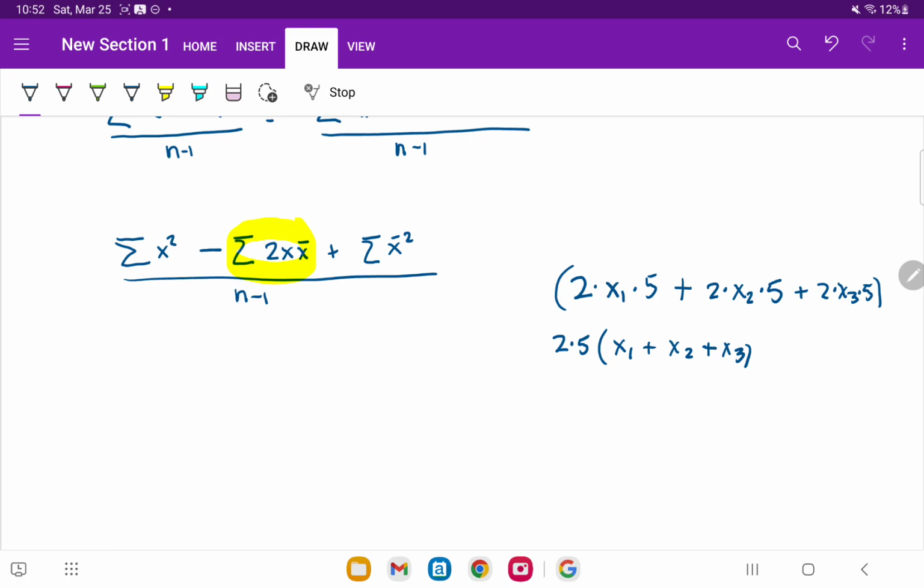So I'm using the distributive property backwards to factor out the 2 because there's a 2 in every term, and also to factor out the 5 because there's a 5 in every term. That's what's going on here.